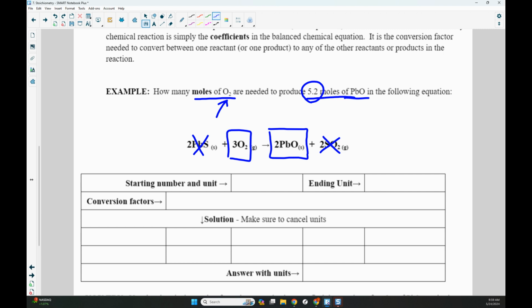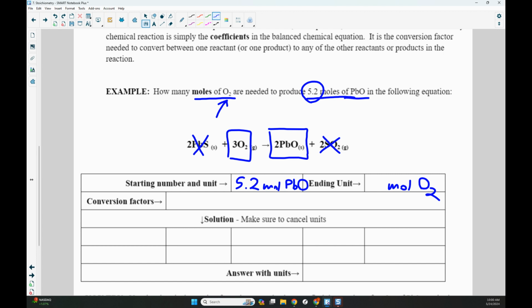So the starting number, as always, is the thing that you've been given in the question. So that is 5.2 moles of PbO. That goes in that space. And the ending unit is what we're trying to figure out, and that is going to be moles of oxygen. The relationship between the two we are going to get from the balanced chemical equation, and it does need to be balanced for this relationship to be correct.